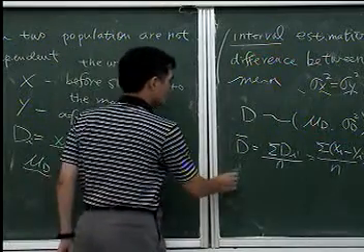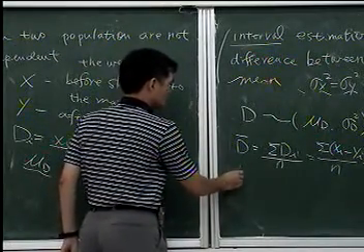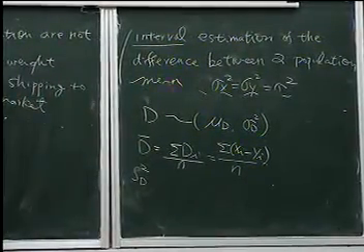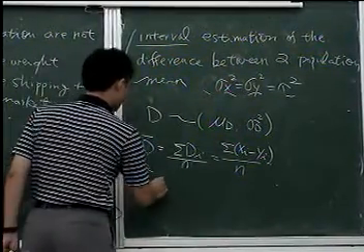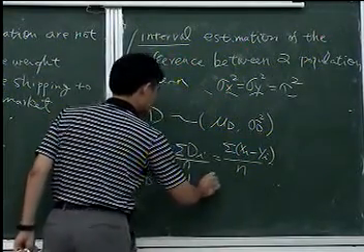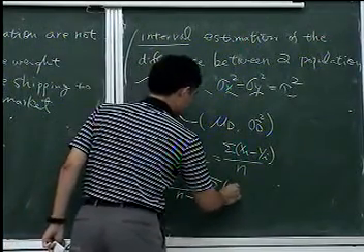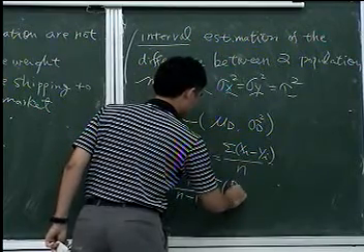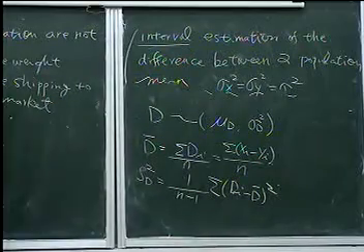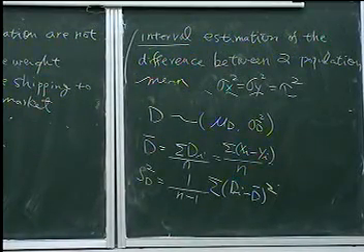And then, of course, we want to know sd squared, right? What is sd squared? That would be 1 over n minus 1 times the summation of di minus d bar, squared.